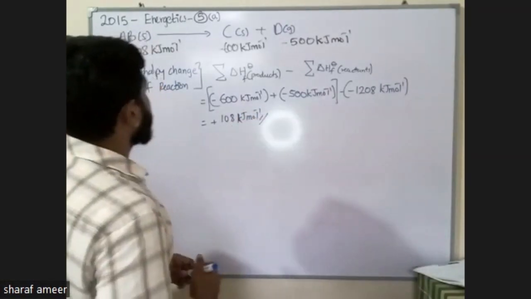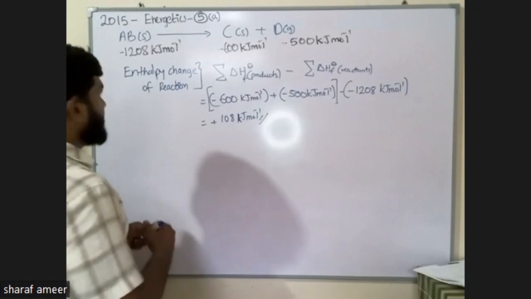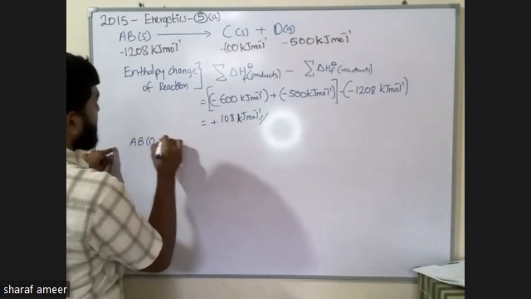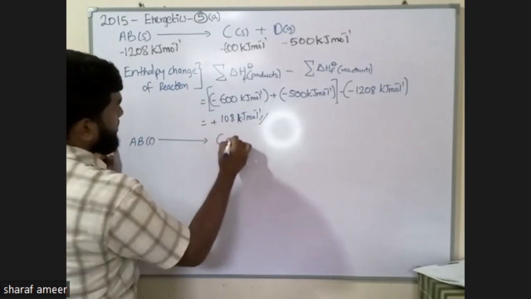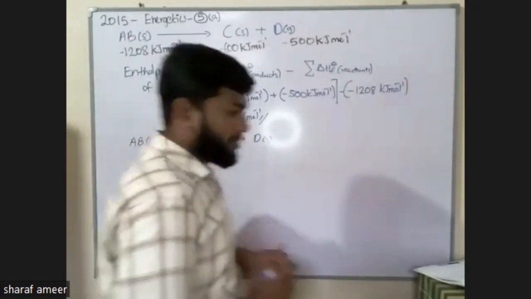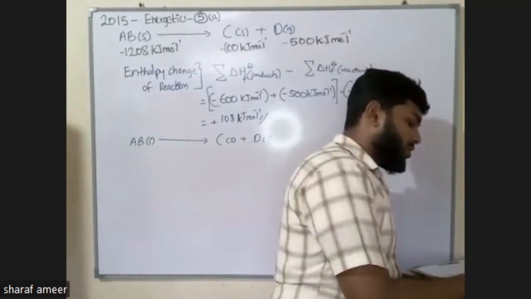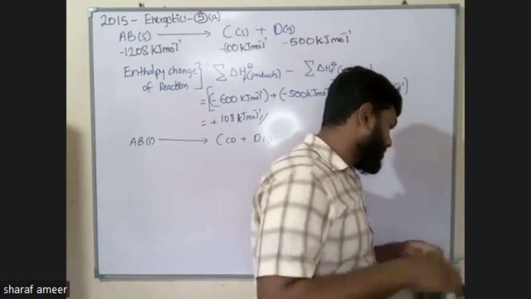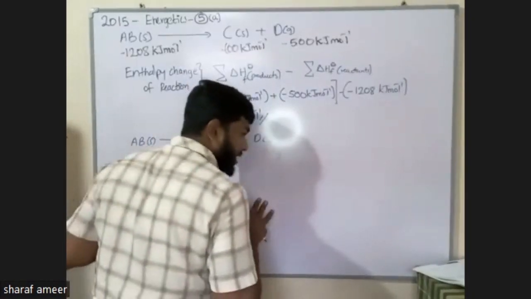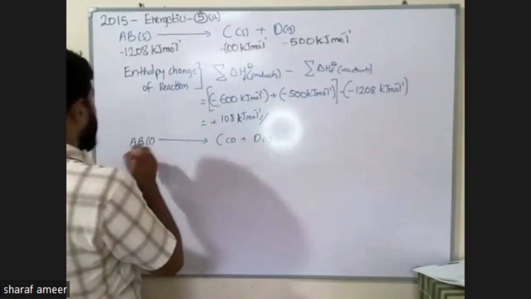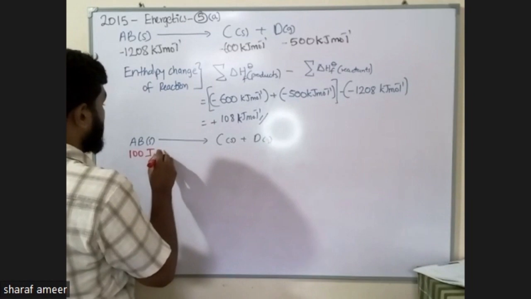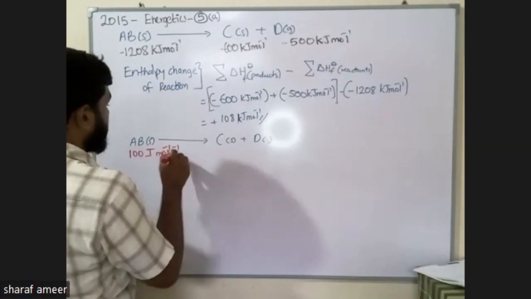In the same way, let me write the reaction again. AB solid gives C solid and D gas. Here the entropy for AB solid is 100 joules per mole per Kelvin.